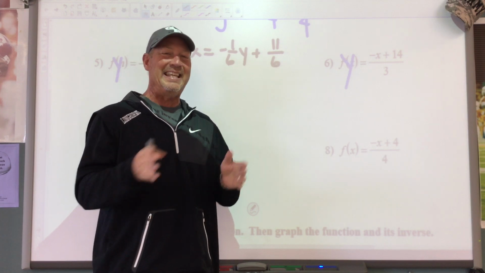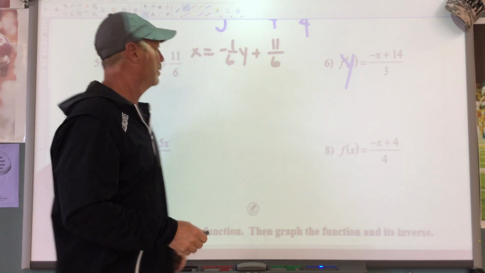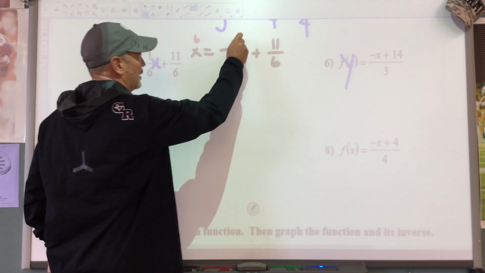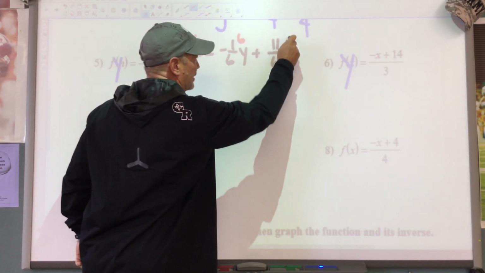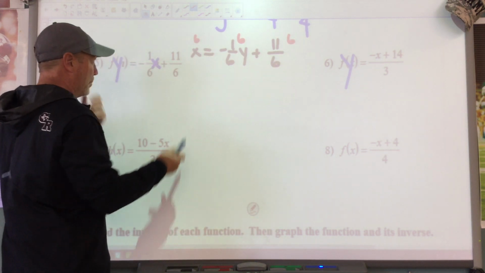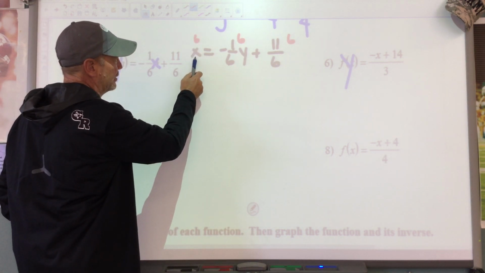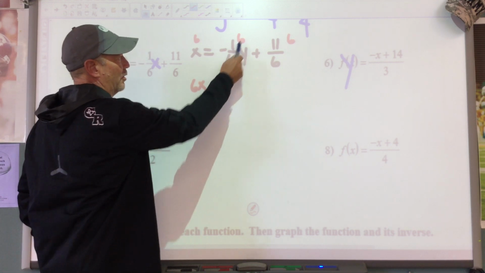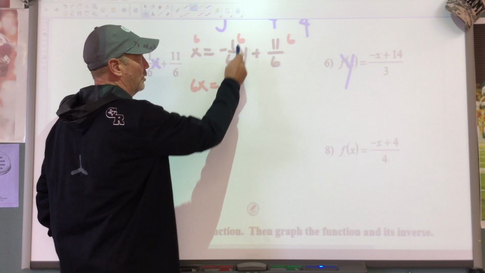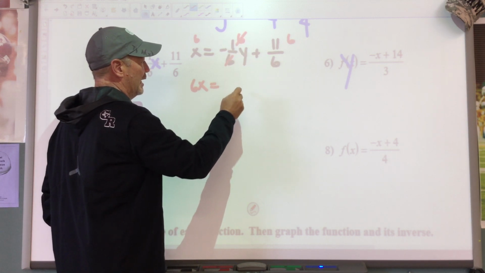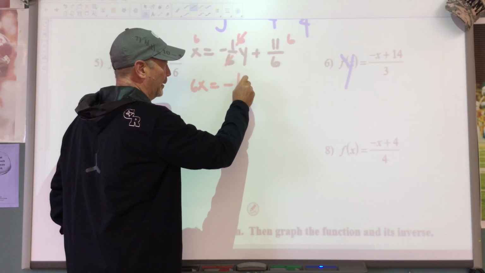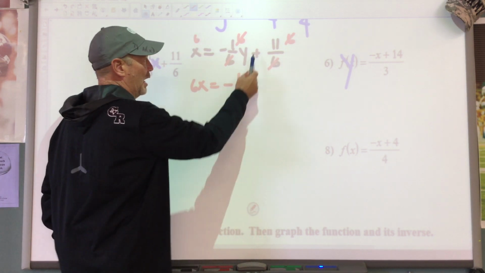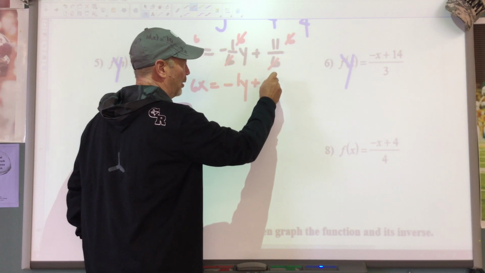So we're going to multiply each term times 6. 6 times x will give us 6x. Here, the 6's will cancel, and that'll leave us with a negative 1y. Here, the 6's will cancel, and that will leave us with a plus 11.